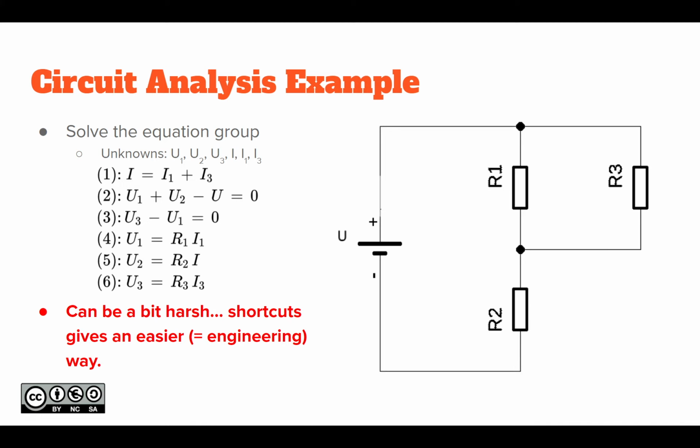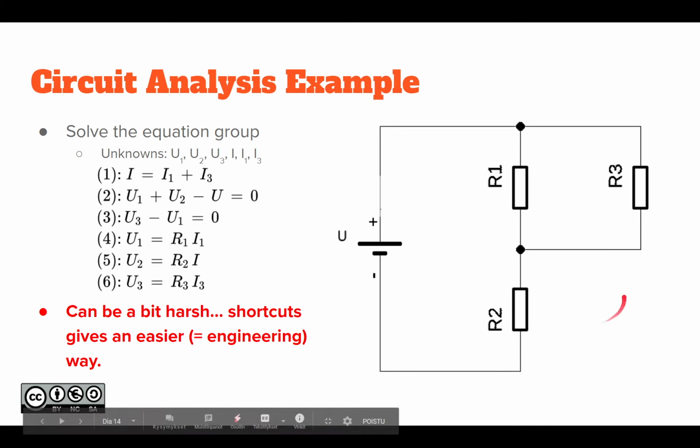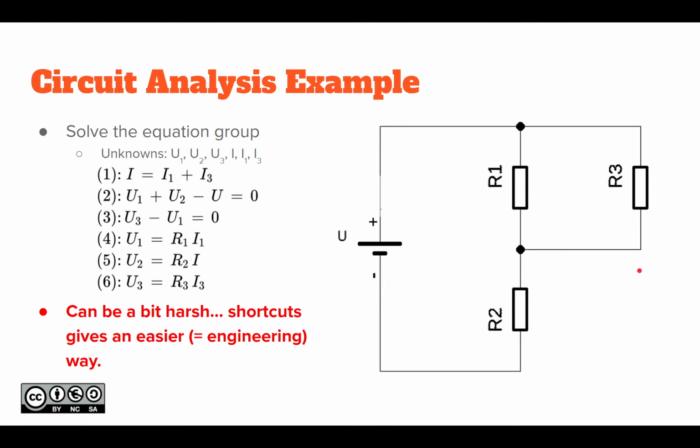Then it might be worthwhile simplifying things so that you have first this part, and then that additional resistor would be a load to this original circuit.